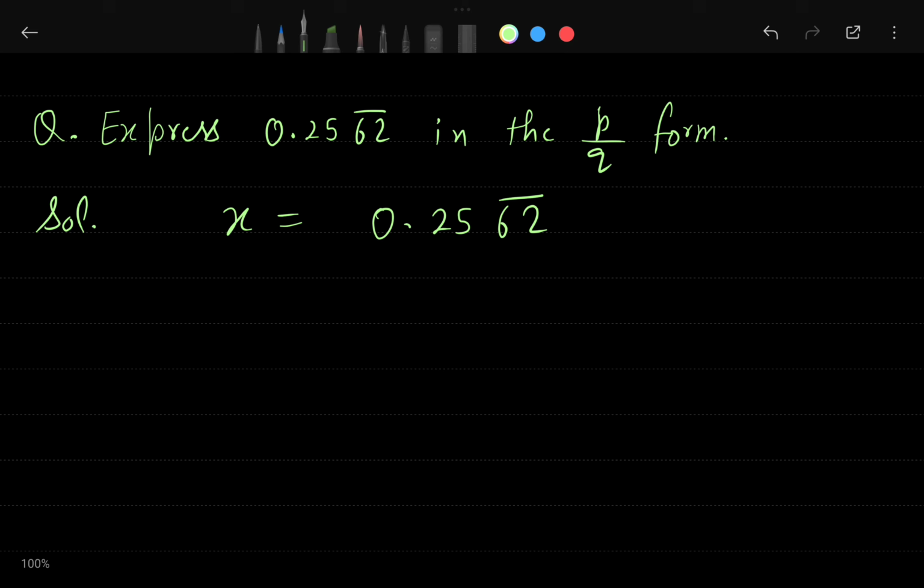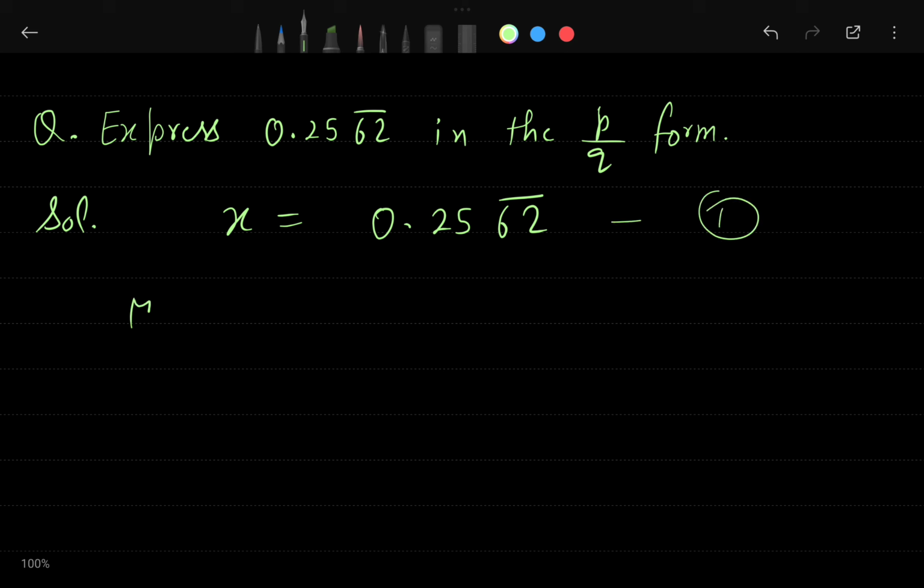Earlier we used to see how many digits were being repeated. Here we will see how many digits are not being repeated. We can see that after the decimal there are two digits which are not being repeated. So we will multiply by 10 to the power 2 because two digits are not being repeated. We will call this equation 1.